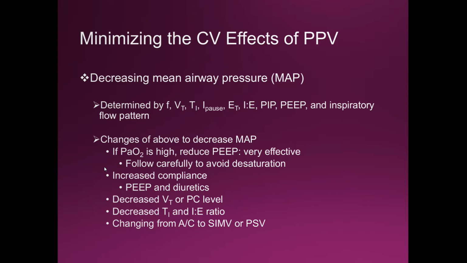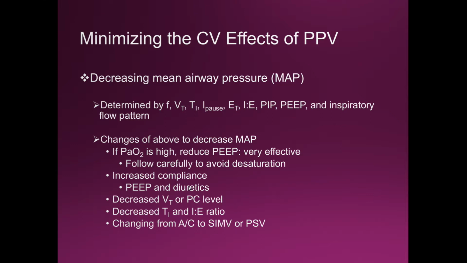I'm not sure. It depends on the disease process, in my opinion, because if I have an increased compliance due to CHF, yes, I can see diuretics and PEEP coming into play. Here it's just saying that it's an increased compliance. I'm not sure what the disease process is, so I'm going to chalk it up to CHF.